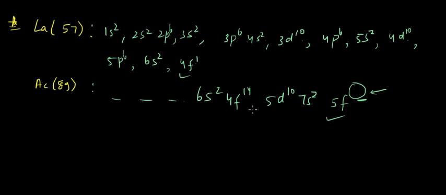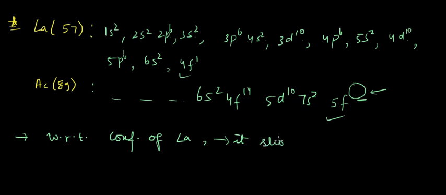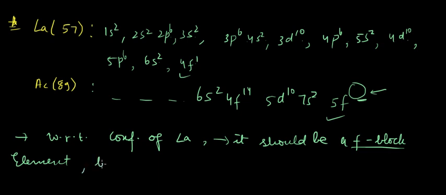But there is a certain thing here, as far as the configuration of La is concerned. With respect to the configuration of lanthanide, it should be an F block element, but in the periodic table it is placed in D block.